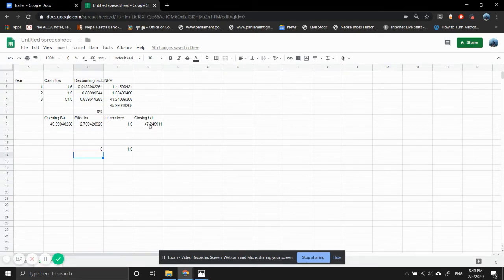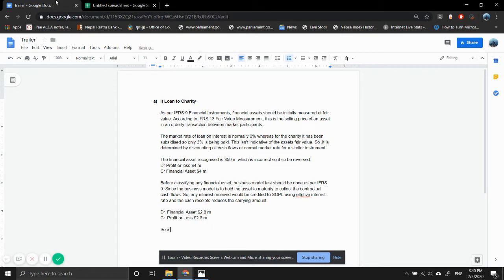The financial asset would have a carrying amount of 47.2 million, right?